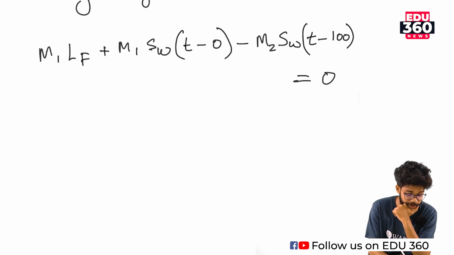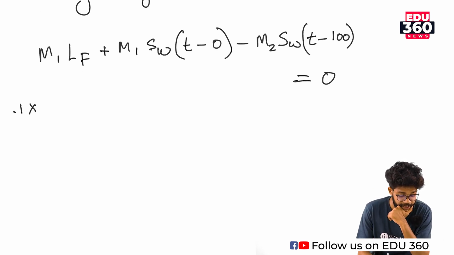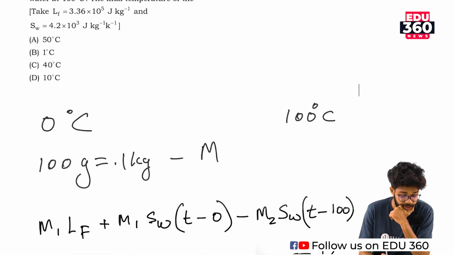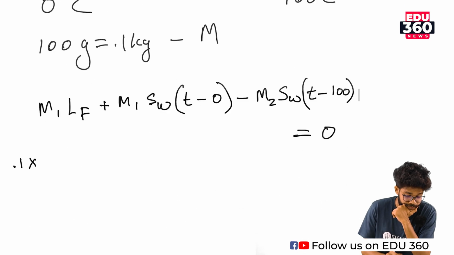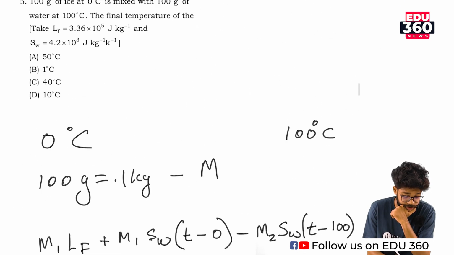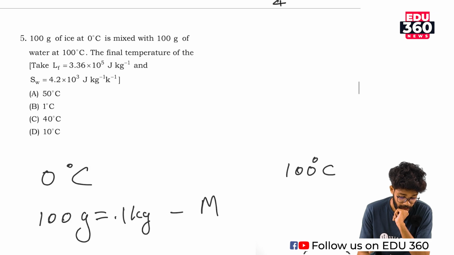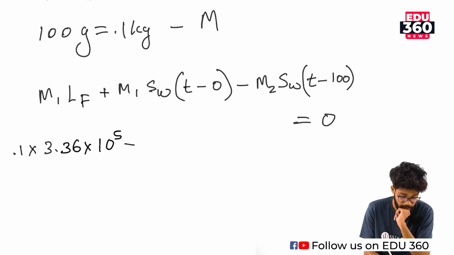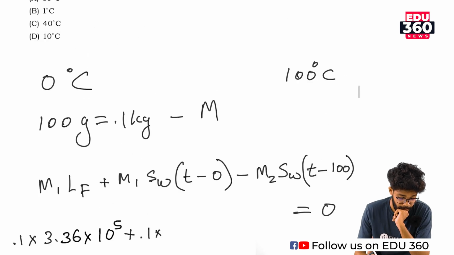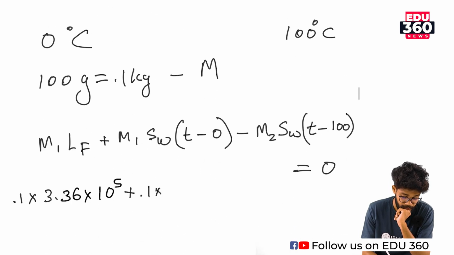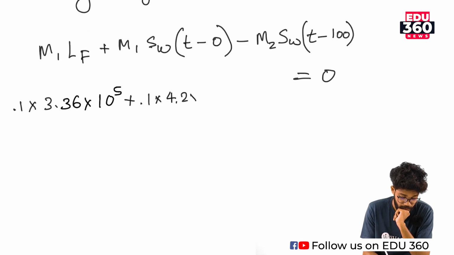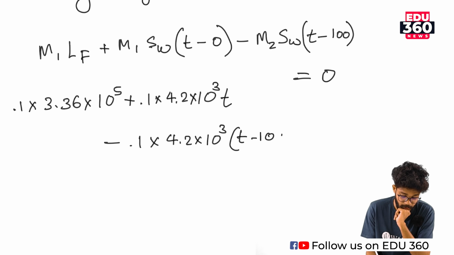We can substitute M1 as 0.1, multiplied by LF, which is 3.36 into 10 raised to 5 joule per kilogram, plus 0.1 into SW, where SW is 4.2 into 10 raised to 3, into T, minus M2, which is 0.1, into SW, 4.2 into 10 raised to 3, into T minus 100, equal to 0.